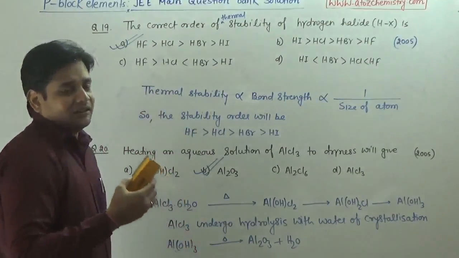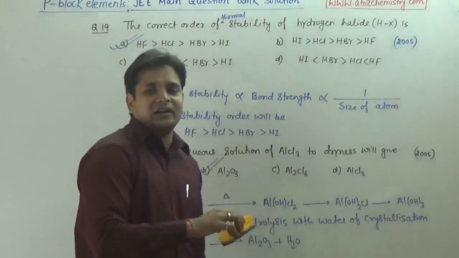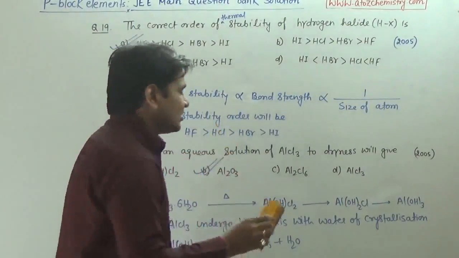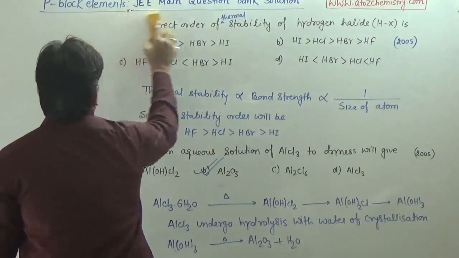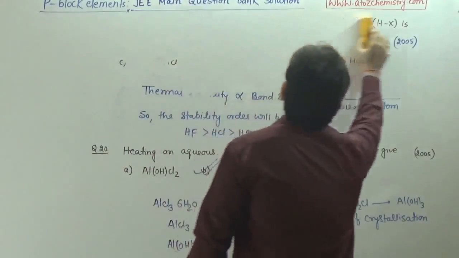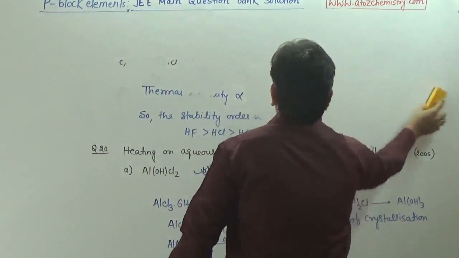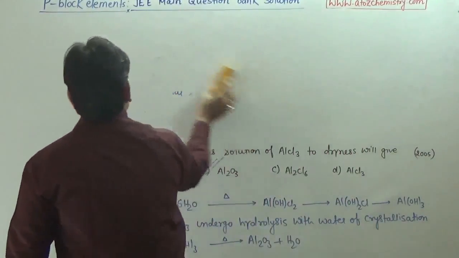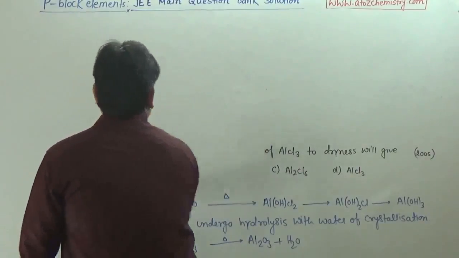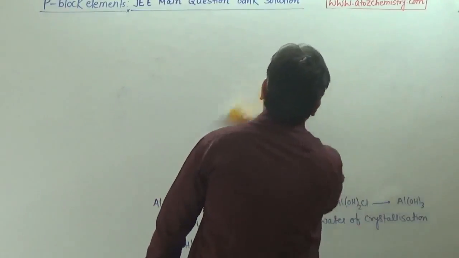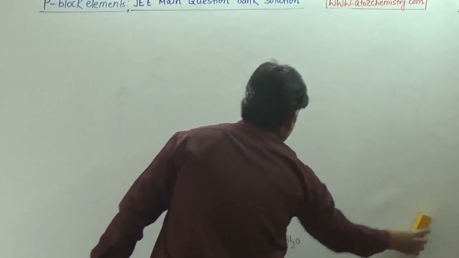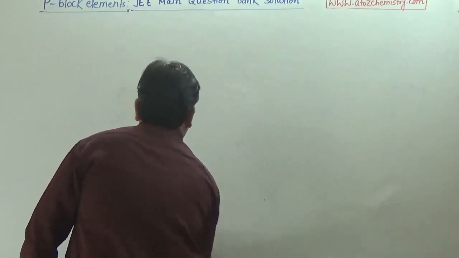If you want to obtain dry AlCl3 from hydrated AlCl3 on heating, heat hydrated AlCl3 in presence of HCl gas. In that case, you will be able to obtain dry AlCl3. If you simply heat hydrated AlCl3, water of hydration does hydrolysis with AlCl3 and Al2O3 gets formed.